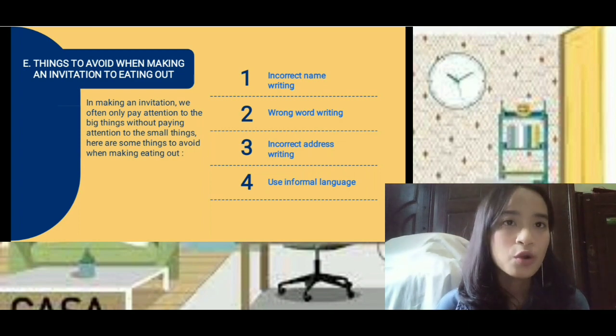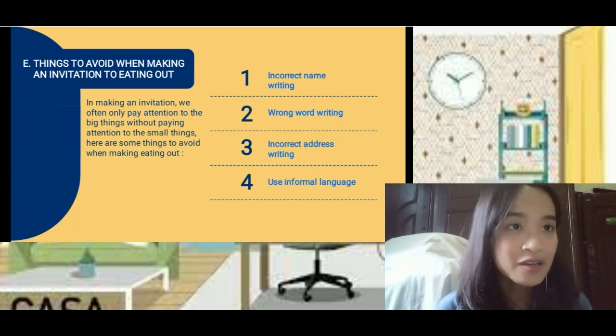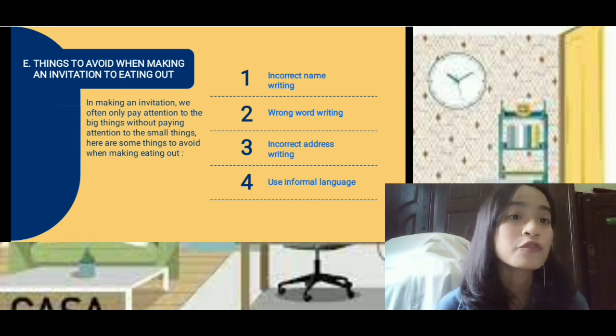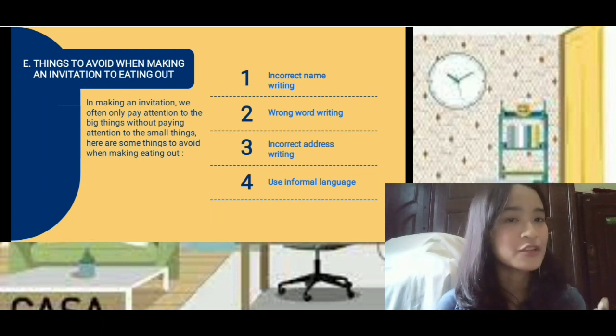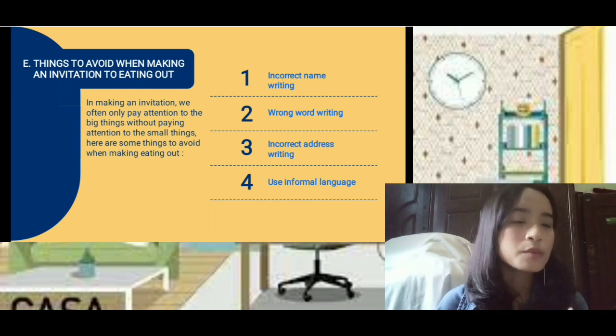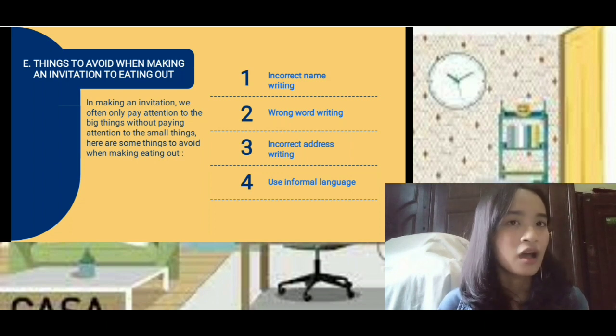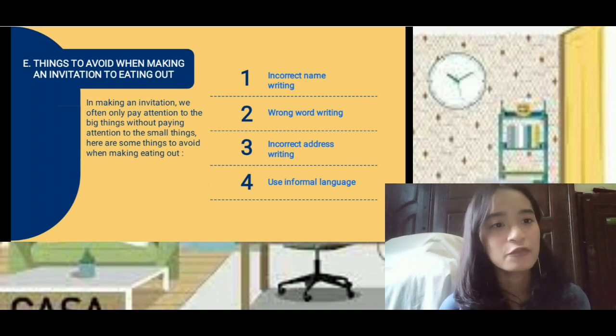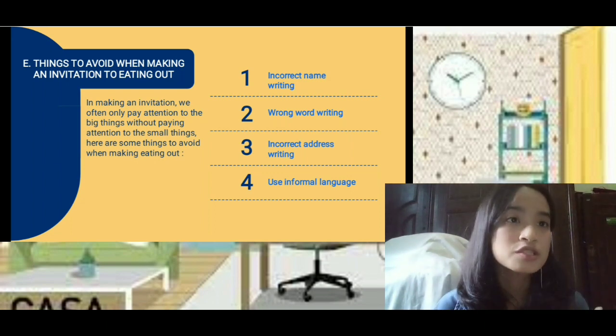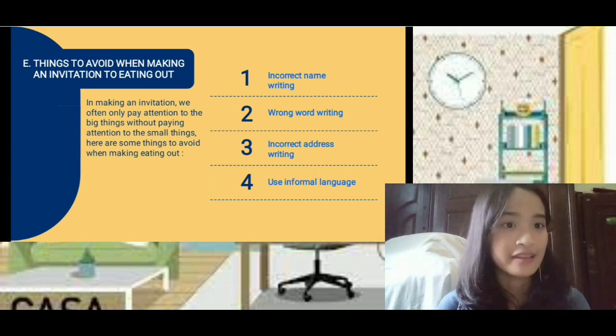As with the wrong way to send an invitation, writing the name wrongly is also a fatal thing to do on the invitation. Maybe if you only invite close friends, it won't be a problem. But for people like a former teacher, former lecturers, or your boss, this certainly shouldn't happen.